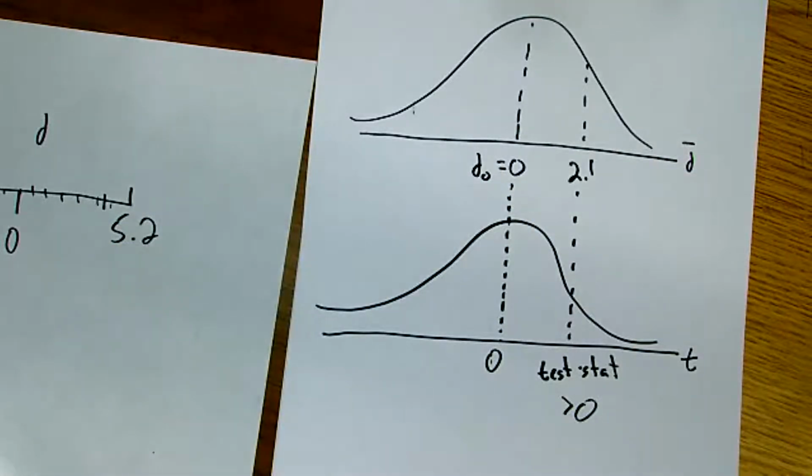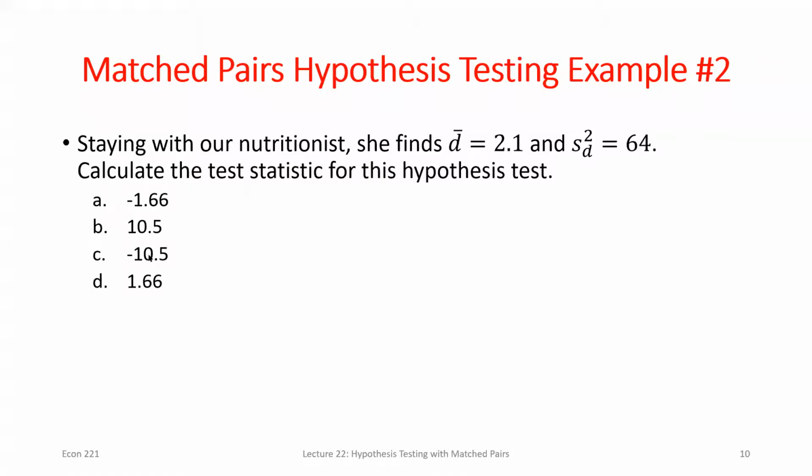So I know my test statistic is positive, so right away I can rule out A and C. If I plug everything in here, my sample variance, my sample size, the average difference, the assumed true difference of 0, I get about 1.66. I'm showing you this to give you an example of calculating a test statistic.